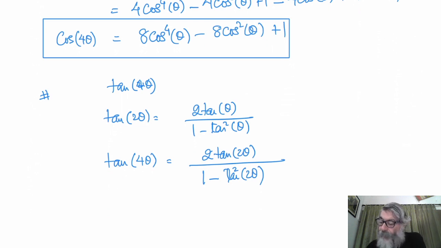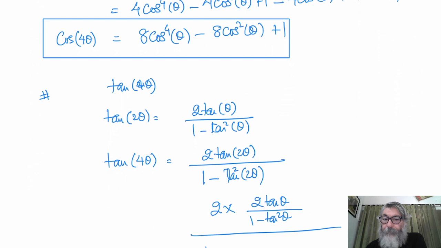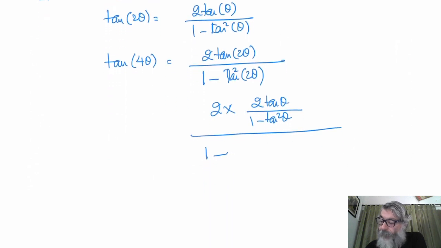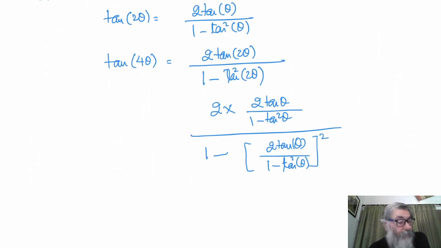Tan 2 theta is 2 tan theta upon 1 minus tan square theta, so we get 2 times 2 tan theta upon 1 minus tan square theta, upon 1 minus 2 tan theta upon 1 minus tan square theta, whole square. Because it is tan square 2 theta.